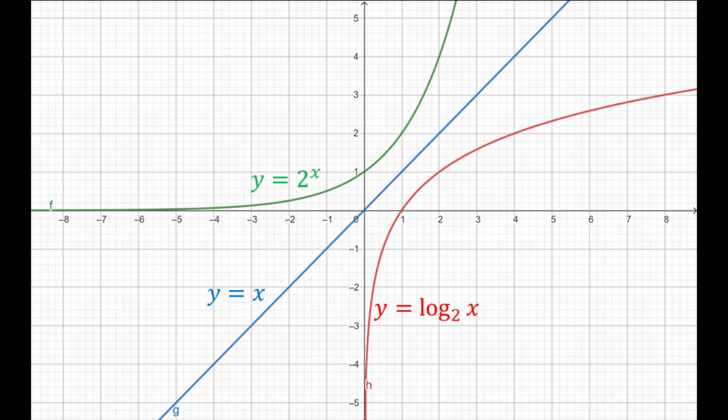Example graph for logarithmic function. Look at the graph. For example, y equals logarithm of x to the base 2. The inverse function is the reflection of y equals 2 to the power of x in the line y equals x. You can look at the graph.